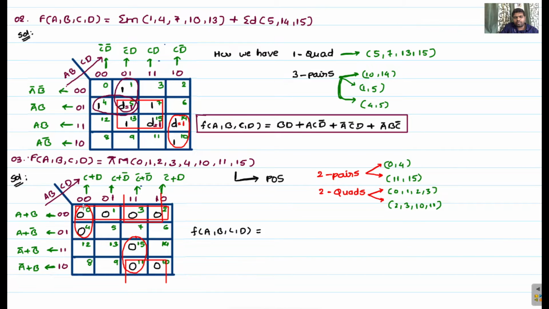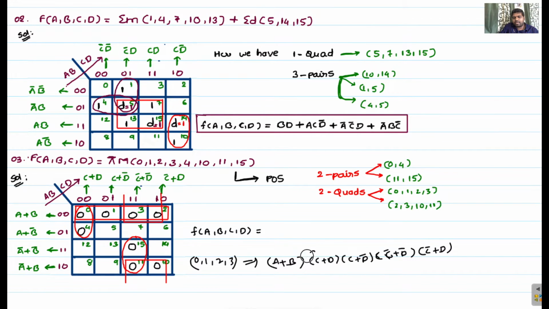Otherwise you can observe here. If you take this first quad, that means the 0 comma 1 comma 2 comma 3 quad, for this quad I will write the expression, that is a plus b into c plus d into c plus d bar into c bar plus d bar and c bar plus d. So this is the expression.